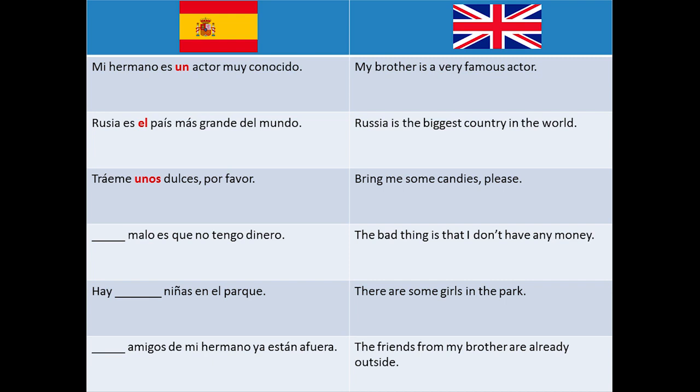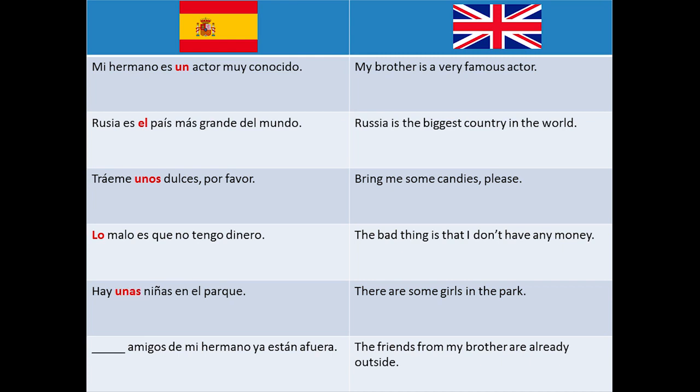Lo malo es que no tengo dinero, or the bad thing is that I don't have any money, in English. Remember that when we transform an adjective into a noun, we always use the neutral article lo, which hasn't any plural form. Hay unas niñas en el parque, which means there are some girls in the park.